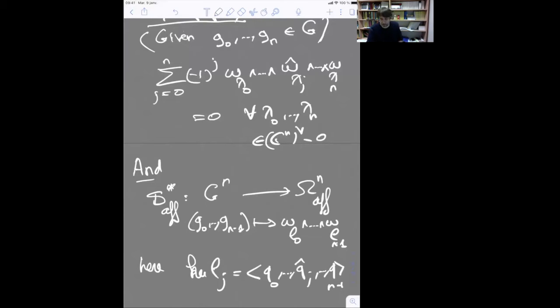And I should say that if the Qj were linearly dependent, then I would put 0 in the definition.